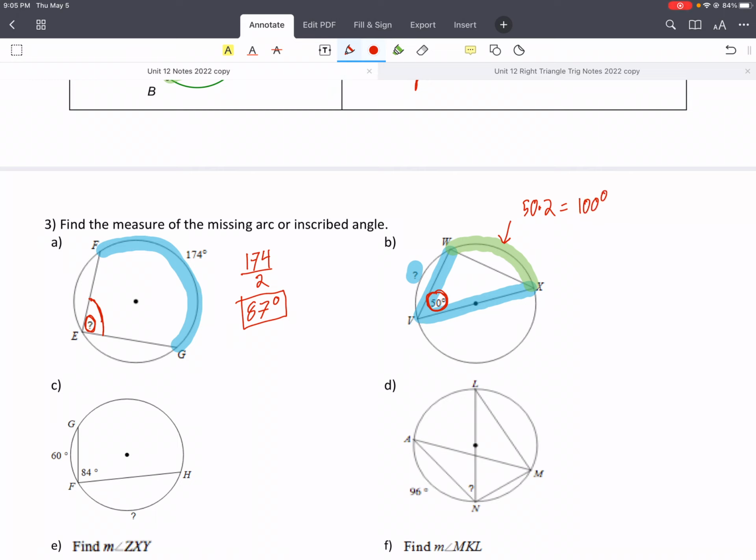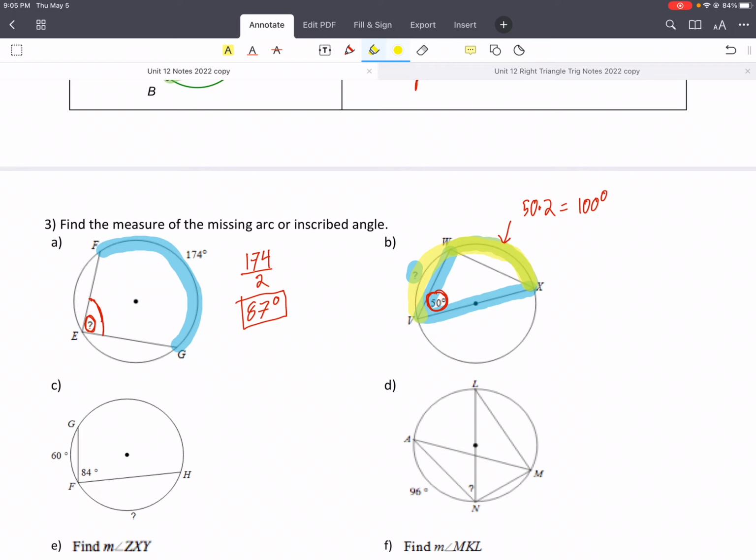So we know that arc is 100 degrees, but even bigger here, this whole arc, what shape does that make? A semicircle. And a semicircle measures 180 degrees.